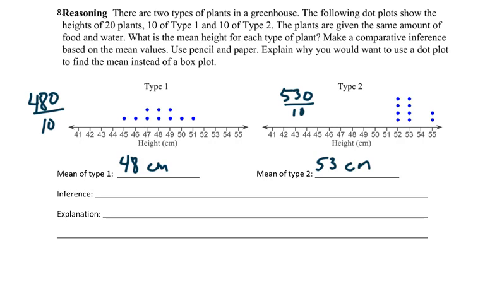So now I'm going to make an inference, and it's important to note that here it says that they are given the same amount of food and water. So I'm not going to say that one was treated better than the other. I am going to say that the plants of type 2 generally grow taller than that of plant type 1.